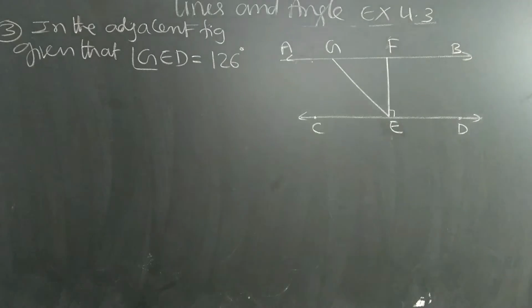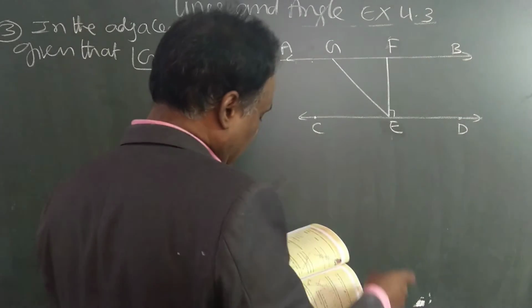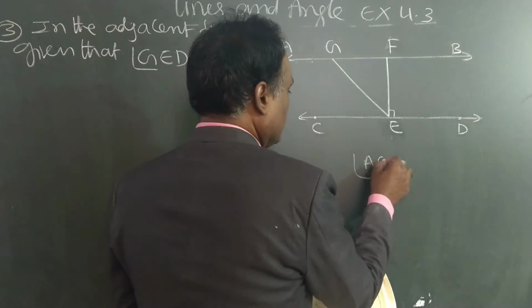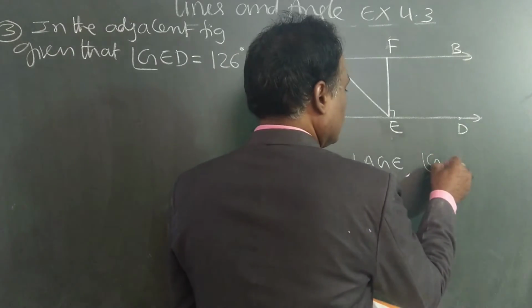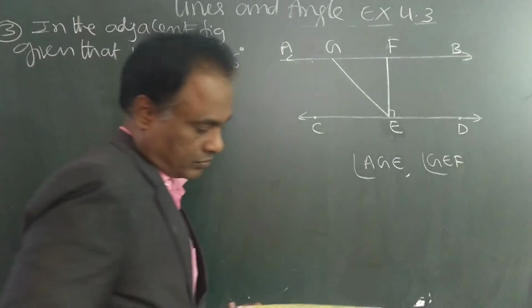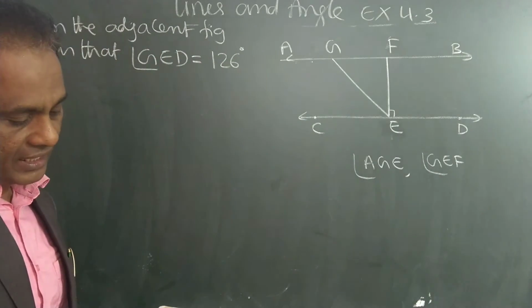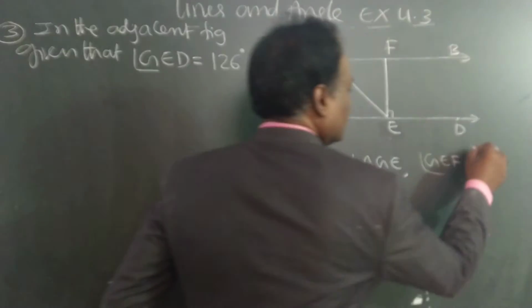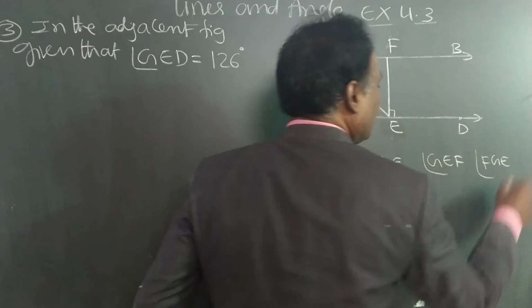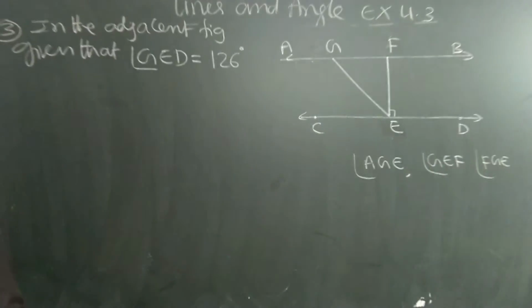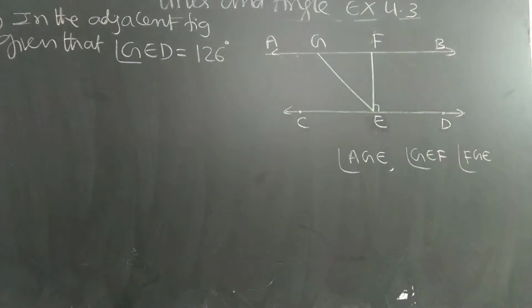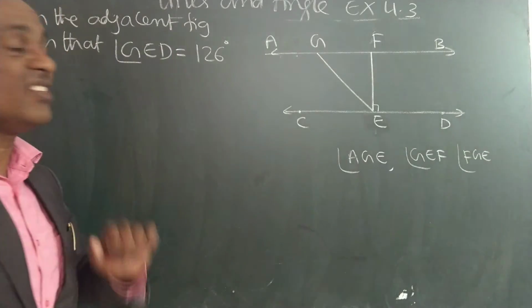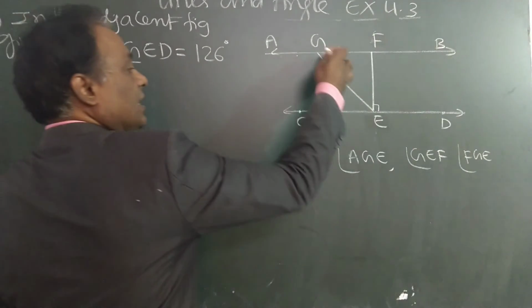Now, GED is equal to 126 and the question is we have to find angle AGE, GEF, FGE. These three angles we have to find from that figure. So how I am finding, students? Check. GED, where is the GED angle?